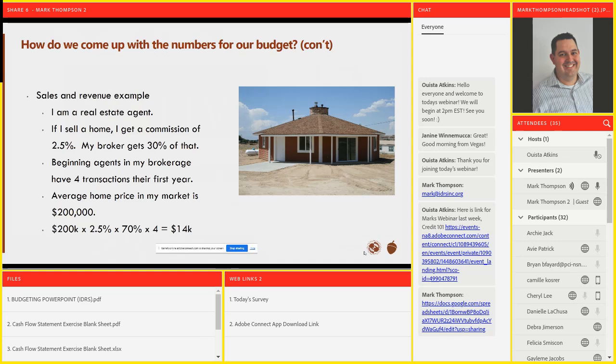Average home price in my market is 200,000. And you can pull that off of what they call the MLS, multiple listing service. You can see what the average home sale price is.